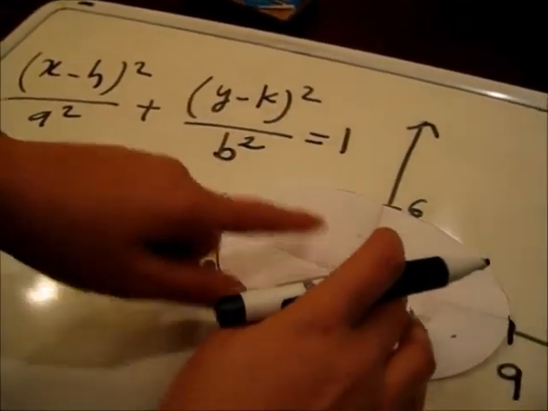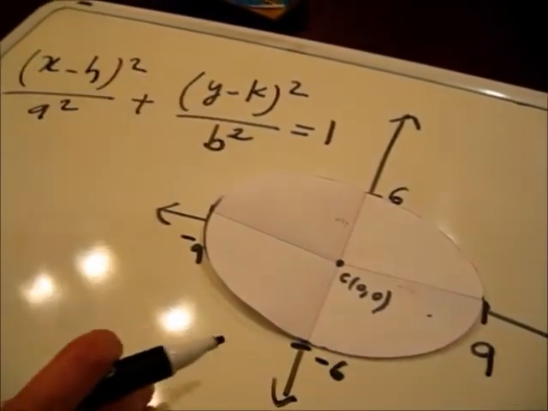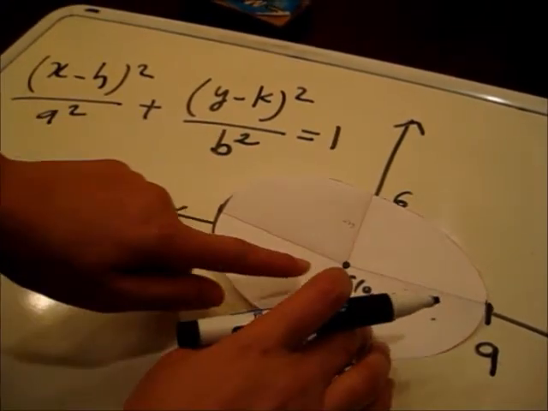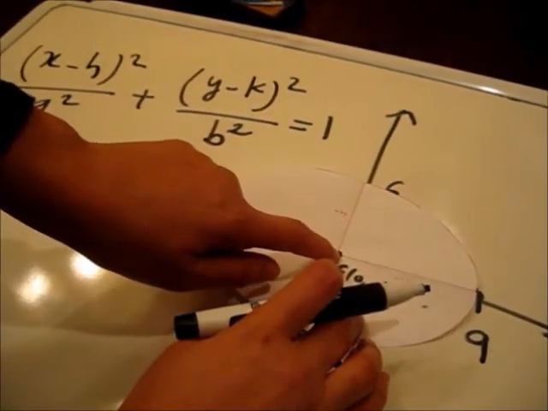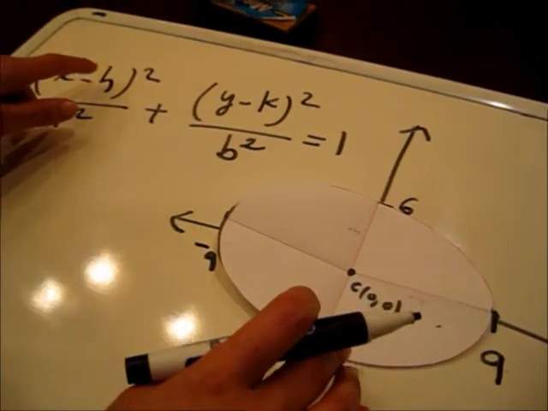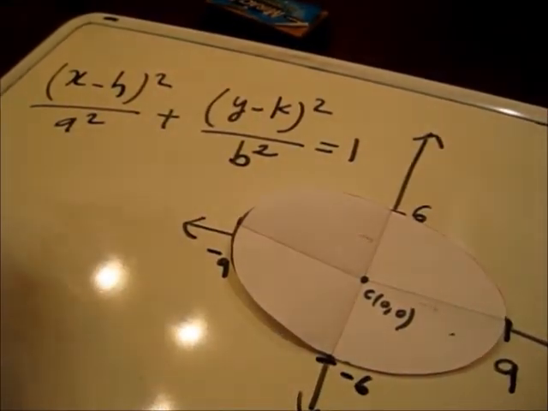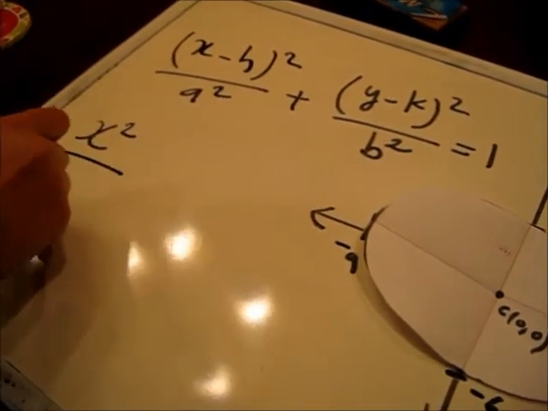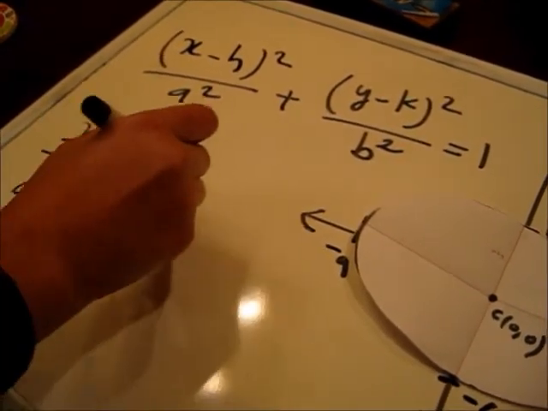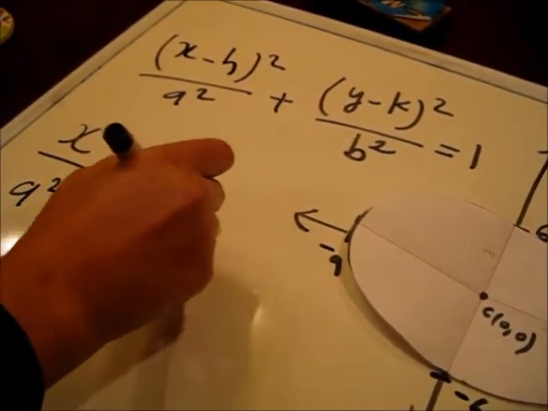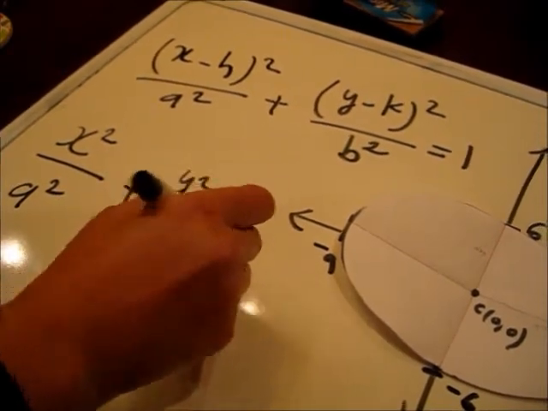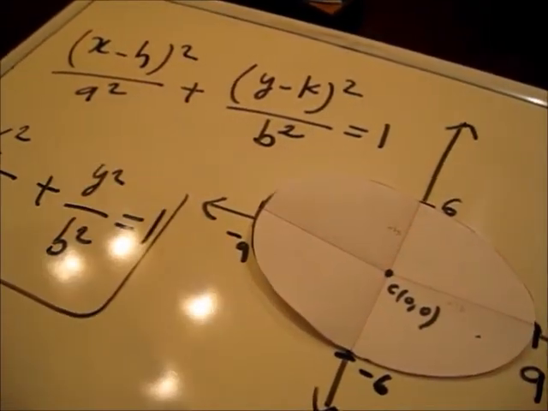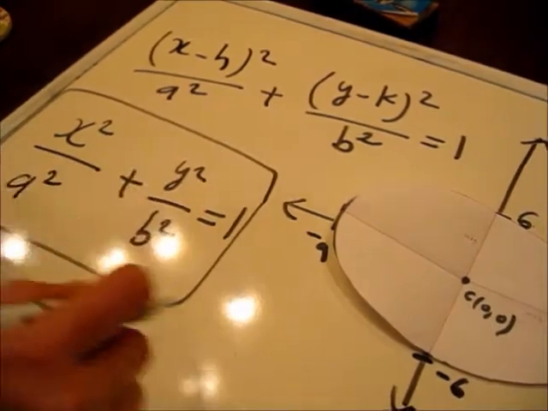Since (h, k) is the center of the ellipse, and the center is placed on the origin (0, 0), then h and k are both 0, and our equation becomes x squared over a squared plus y squared over b squared equals 1. So this is the equation that we're going to find.